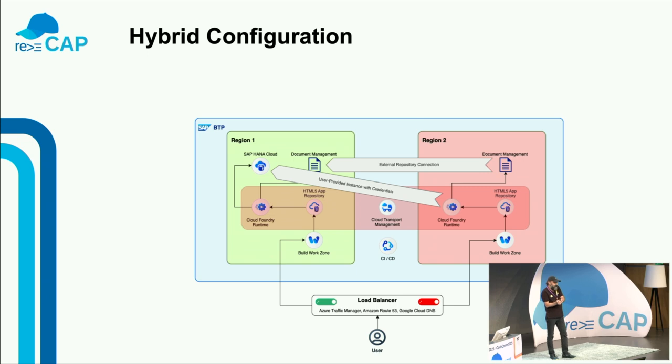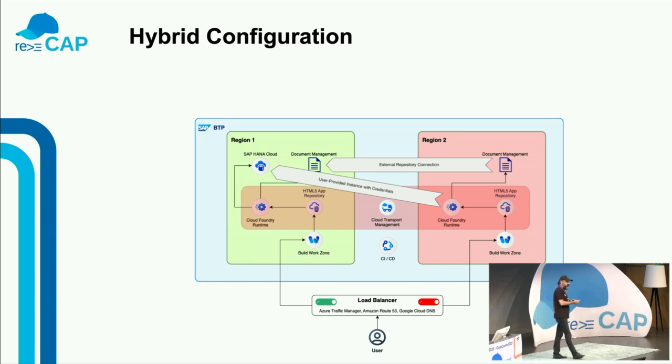So in that case, if I run my CAP application in region 2, it connects to the database in region 1, and it connects to the DMS repository in region 1. But if any of these services fail, my application fails. There is no way to recover it. But if there is a failure in the Build Workzone in region 1, I can move to region 2. If there is a failure in the Cloud Foundry runtime, I can move to region 2.